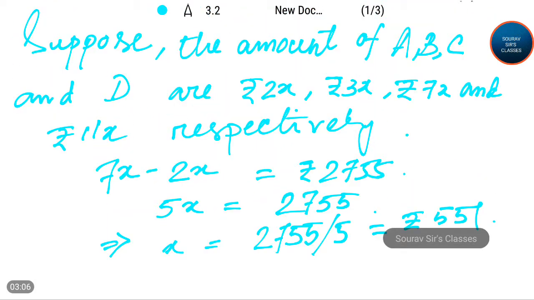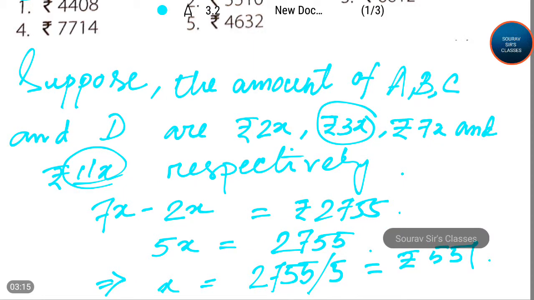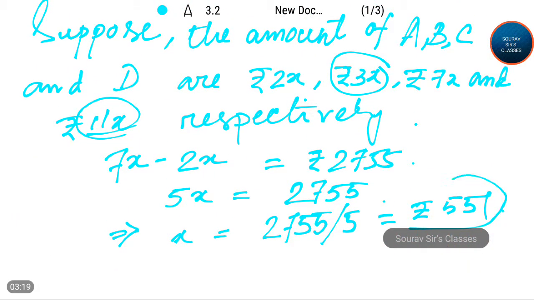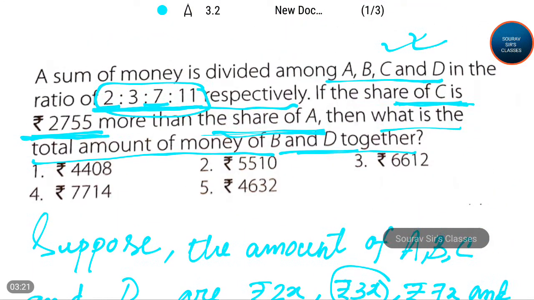So the total amount of B and D is, B is 3x and D is 11x, and x was 551.